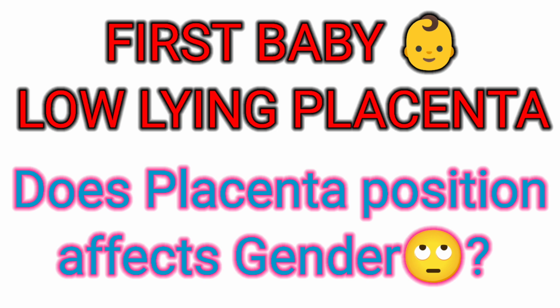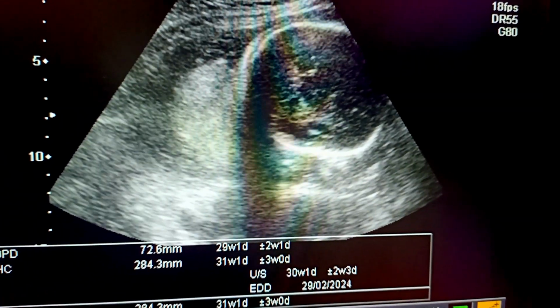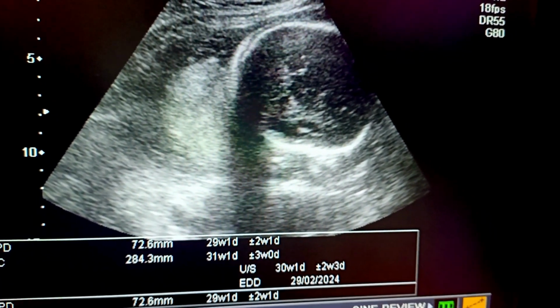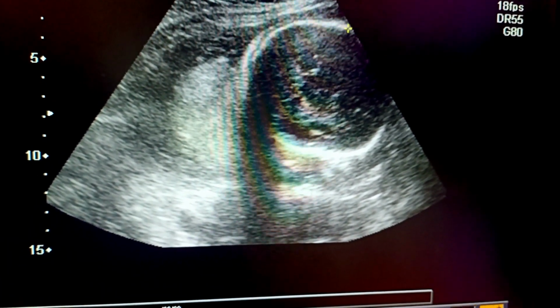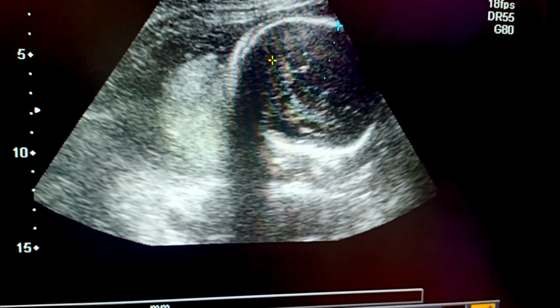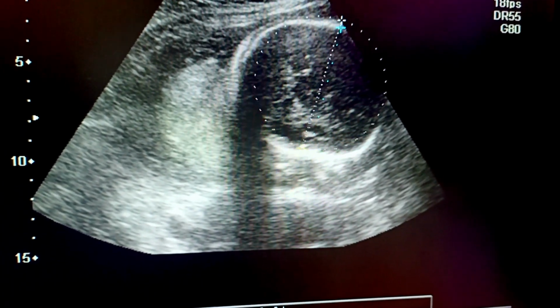Placenta may be anterior, posterior, or bilobed. Coming to the live case, this is the hypothalamic view of the baby, and I would like to calculate the BPD and HC to find out the age of the fetus. The fetus is at 30 weeks of pregnancy.